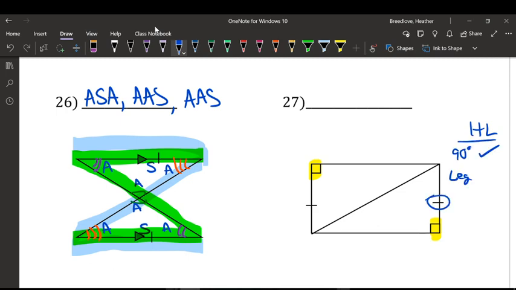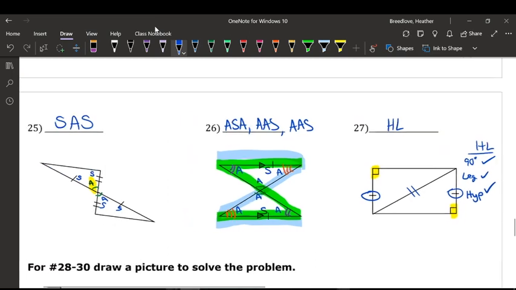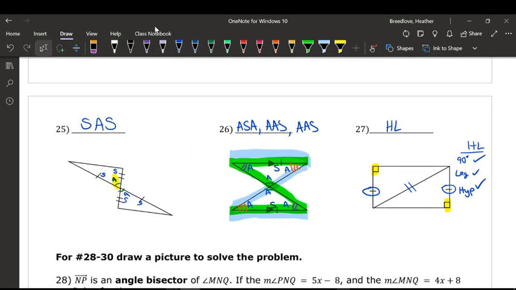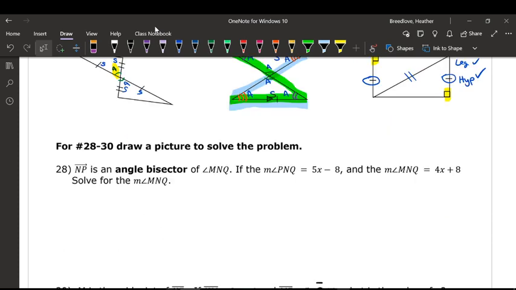Right here, yes. Is the hypotenuse the same? Yes, because it shares a hypotenuse. So this is HL. It passed the HL test. HL is hypotenuse leg.